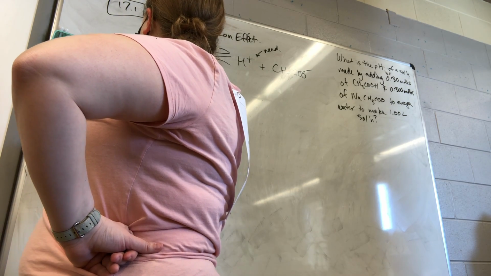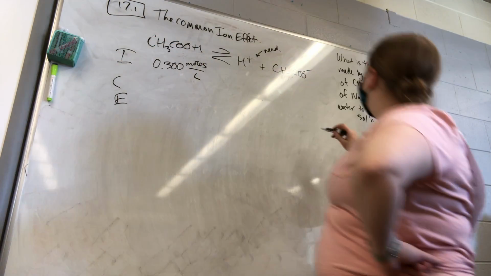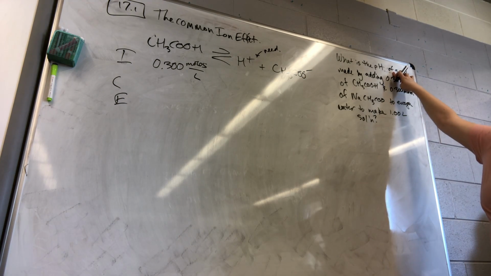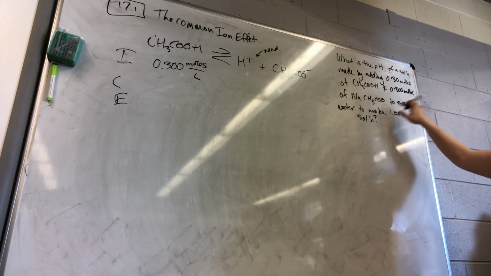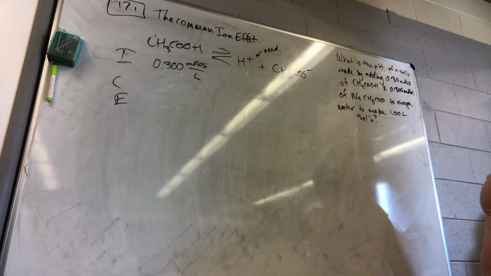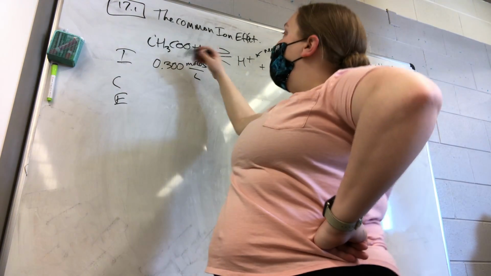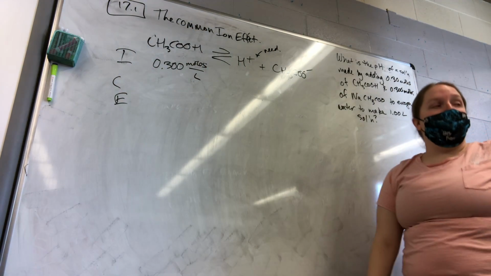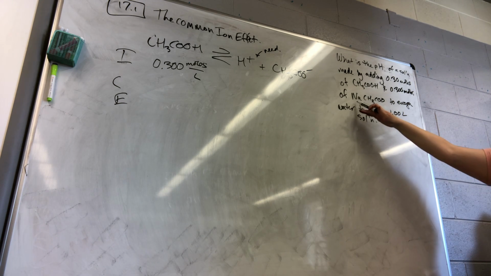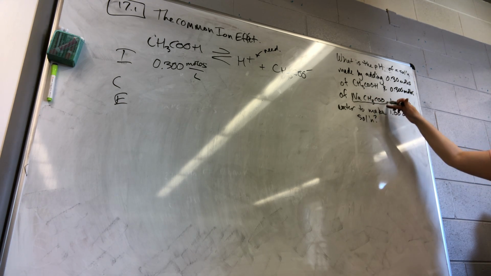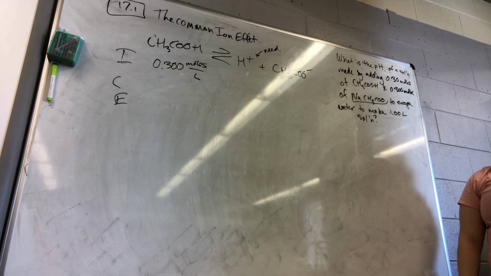0.3 moles per liter. Yes, ma'am. What does the part say after NaCH3COO? To enough water to make 1 liter. So we're told this. What else were we given? We were given this guy, the CH3COOH? It's got part of it, right?